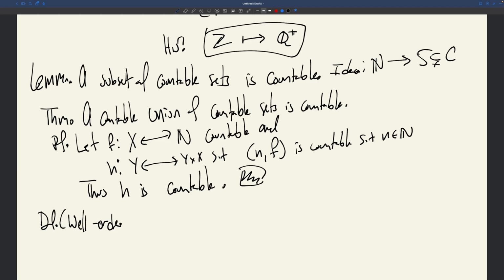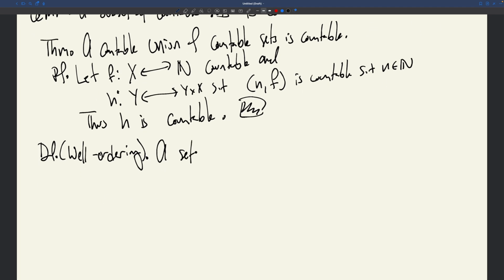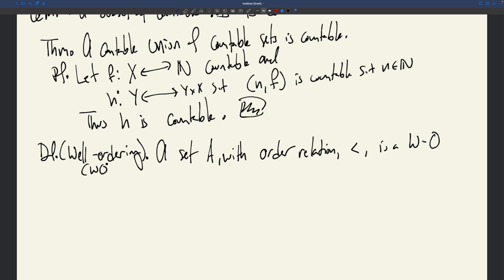Well, ordering. A set A with order relation is a WO set, and we're just going to call this WO, such that the infimum of A exists within A itself.